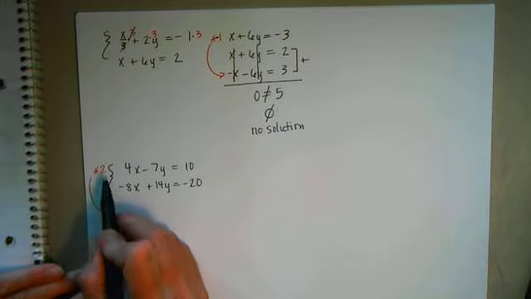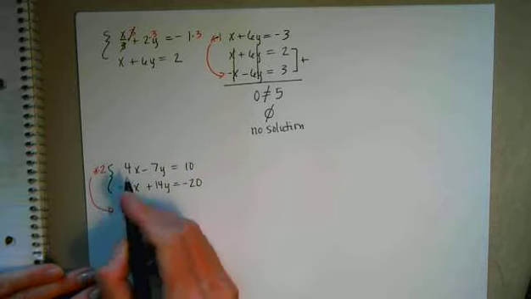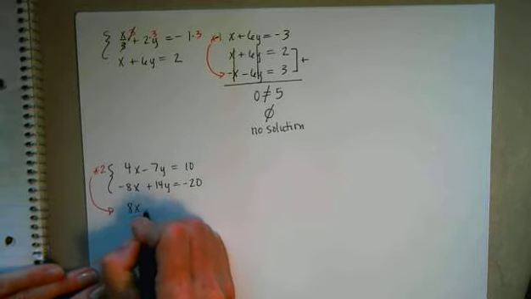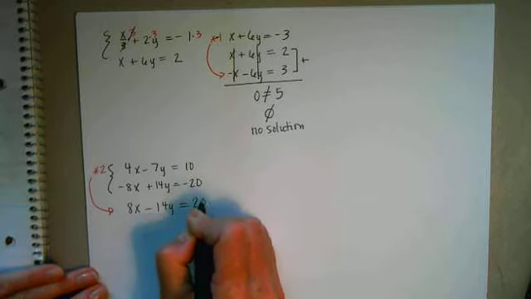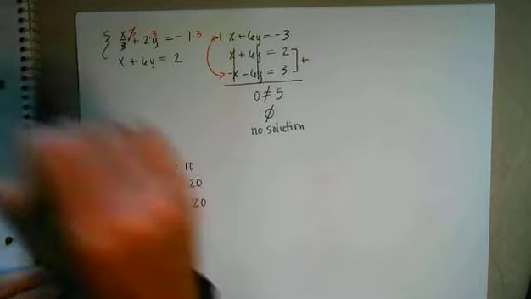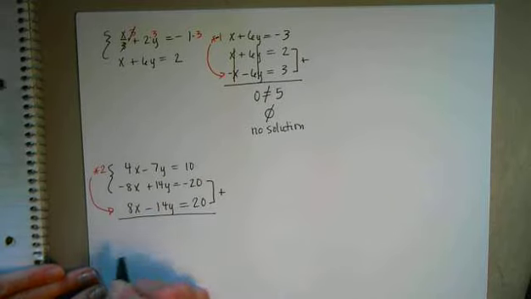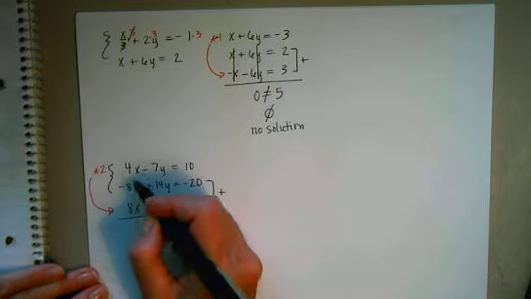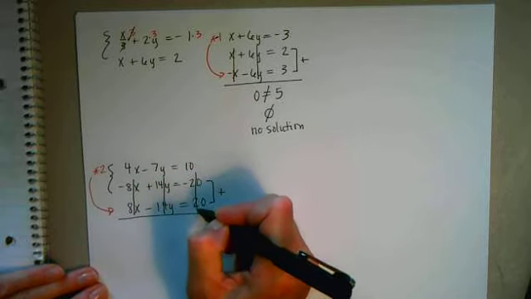So if I multiply the whole equation, both sides of the equal sign, by 2, I get positive 8x minus 14y equals 20. Now I'm going to go ahead and add those two equations. And if I add them, look what happens. Your x's cancel, your y's cancel, and your constants cancel.